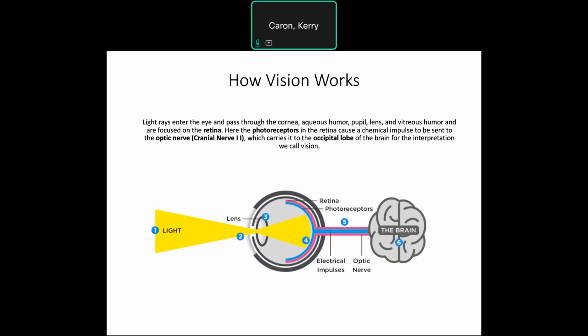On the retina, you have photoreceptors, light receptors called rods and cones, which cause a chemical change, which causes a nervous system change. And that electrical impulse gets sent down the optic nerve, cranial nerve 2, I'm sorry, to the occipital lobe of the brain. And that's where it gets interpreted as vision.